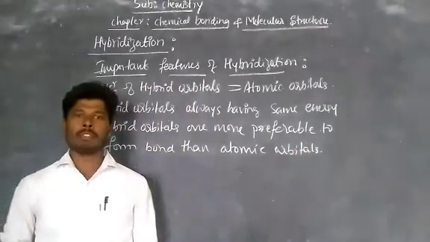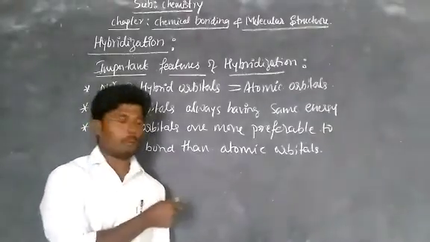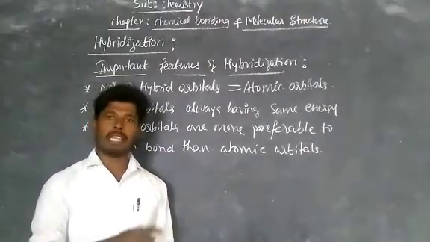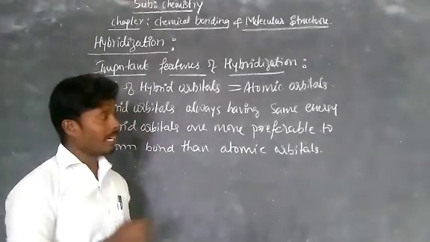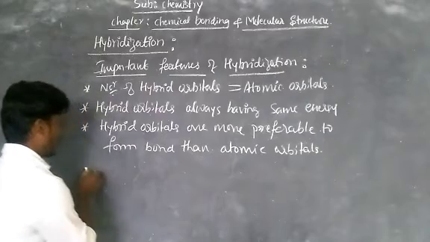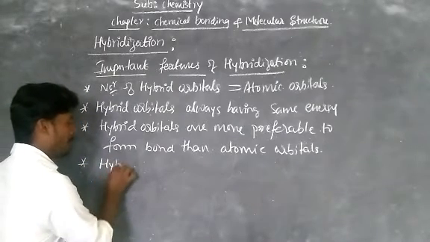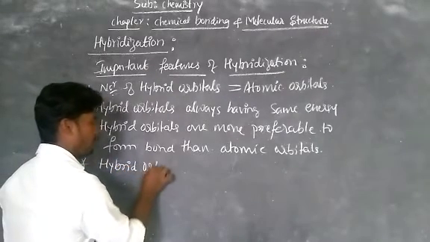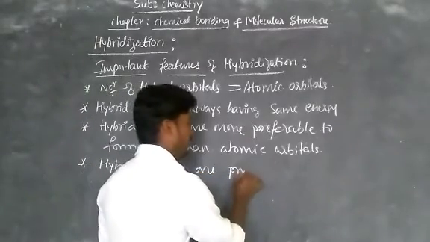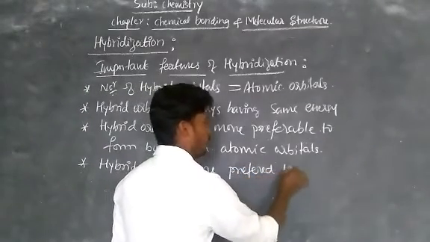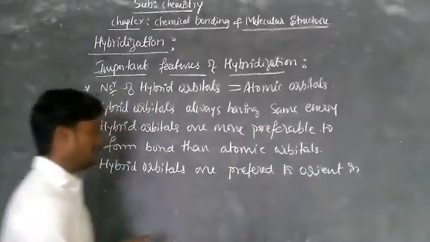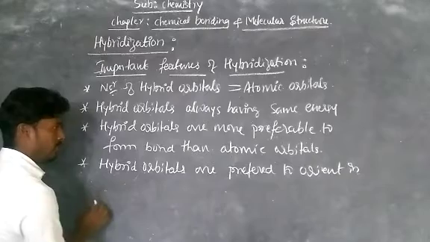Then the fourth one: hybrid orbitals are oriented in their preferred direction in order to minimize the repulsion from lone pair electrons, which gives the geometry or shape of the molecule.